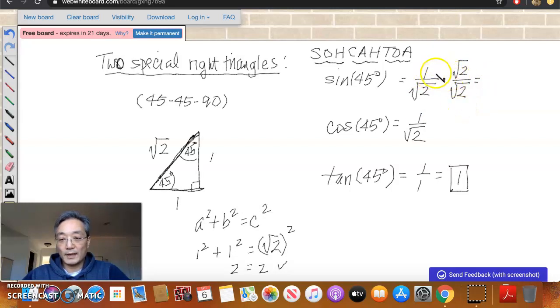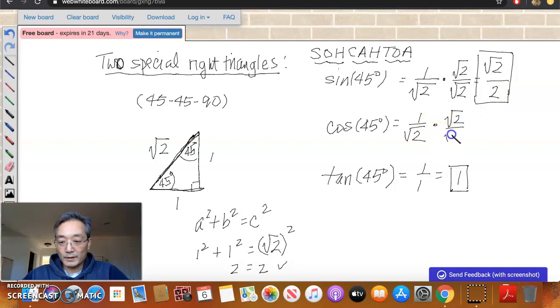And what I get now is 1 times radical 2 is radical 2. And radical 2 times radical 2 is radical 4, which is just 2, correct? Radical 2 times radical 2 is radical 4, and the square root of 4 is 2. Okay? So the sine of 45 degrees is square root of 2 over 2. And likewise, the same thing with cosine of 45.